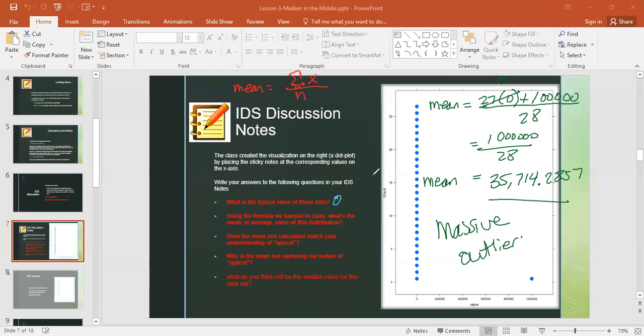So Long Beach ends up looking like it has a lot of population making way more money than 95% of the population is even making. This happens with income data a lot. That's why it's so important with income data that you talk about the median and not the mean, because of that massive outlier, as Dario so beautifully put it.